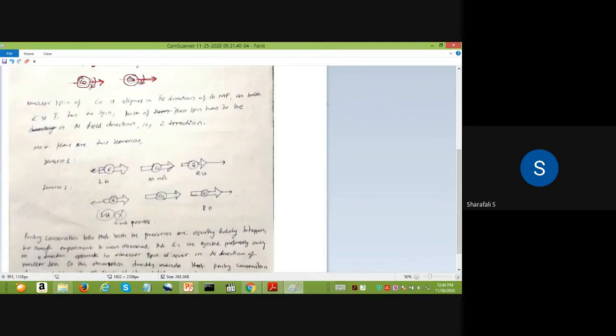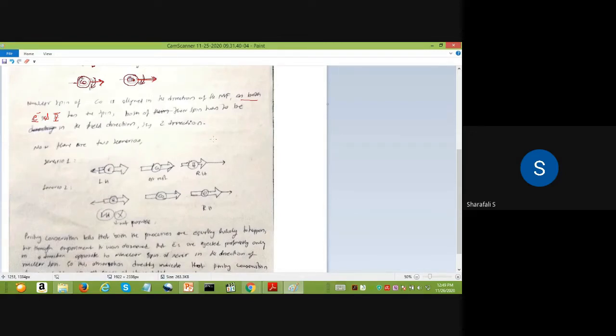So the nuclear spin of the cobalt is aligned in the direction of the magnetic field, and both the electron and the antineutrino also have spin. Since cobalt is at rest, this spin has to be in the field direction when there is a magnetic field, and the motion will be different.